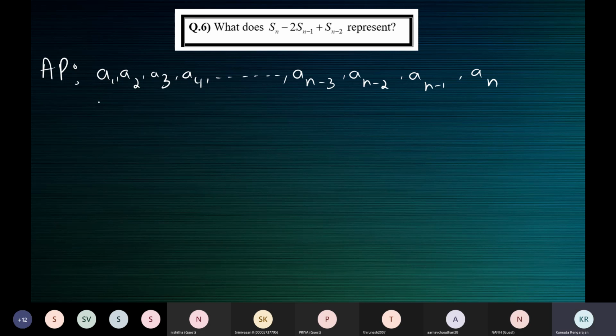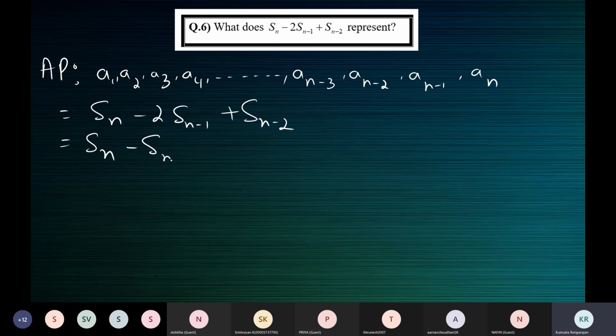All right. Now, the first thing is we need to rewrite the given expression like this. We need to rewrite minus 2 Sn minus 1 as minus Sn minus 1 minus Sn minus 1. So it's like minus A minus A is minus 2A. So similarly, minus 2 Sn minus 1.